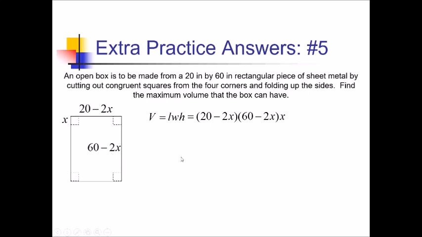And I need to get the domain for this thing to figure out the acceptable x values, because my calculator needs to know where to look for the max, where to look for the answer. So my domain is just going to be the x values where one of these dimensions gets zeroed out. So I'm going to find the roots of my formula here, and then that'll help me get the domain.